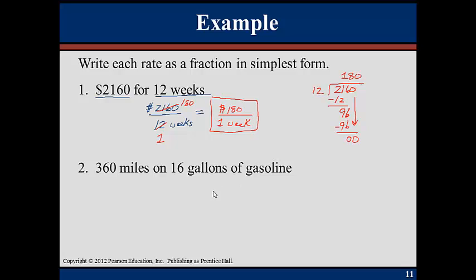All right, number 2. It says 360 miles on 16 gallons of gas. So the first number we have is 360 miles. And then the second number is 16 gallons of gas.